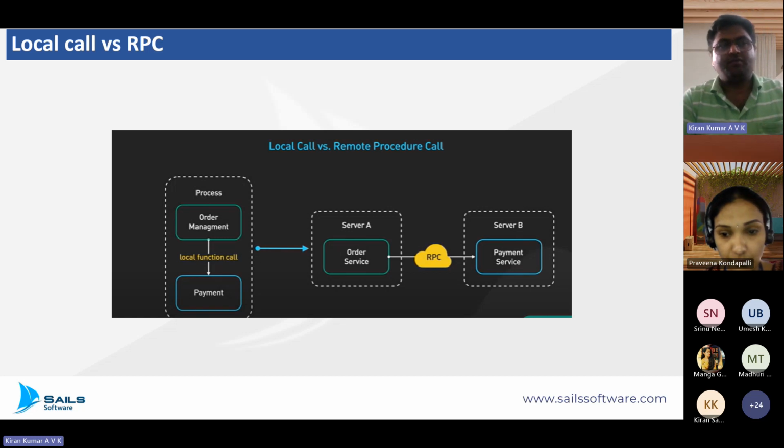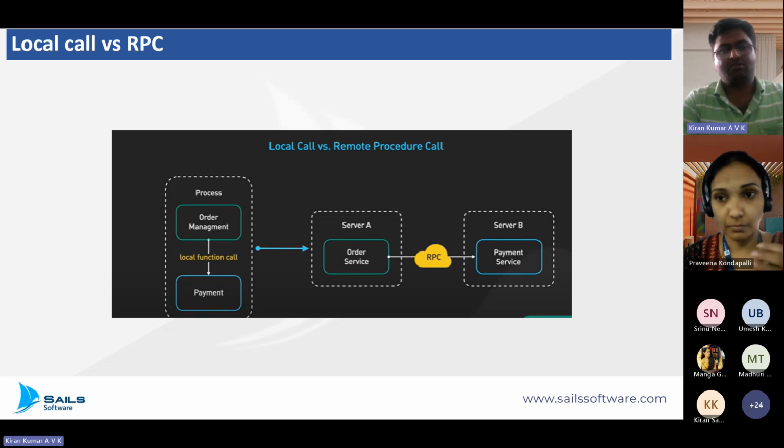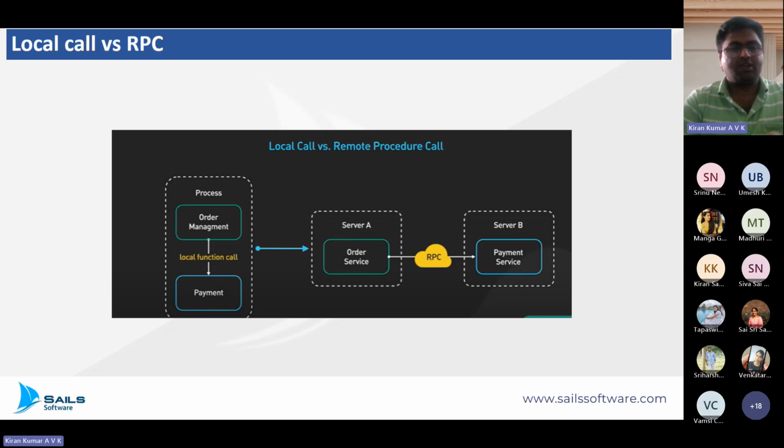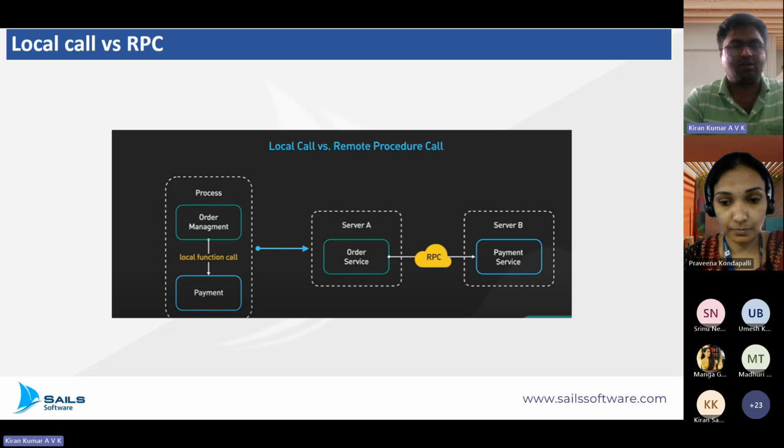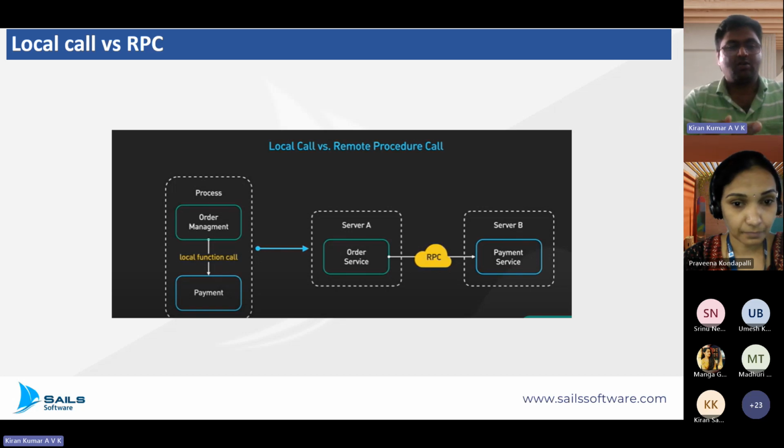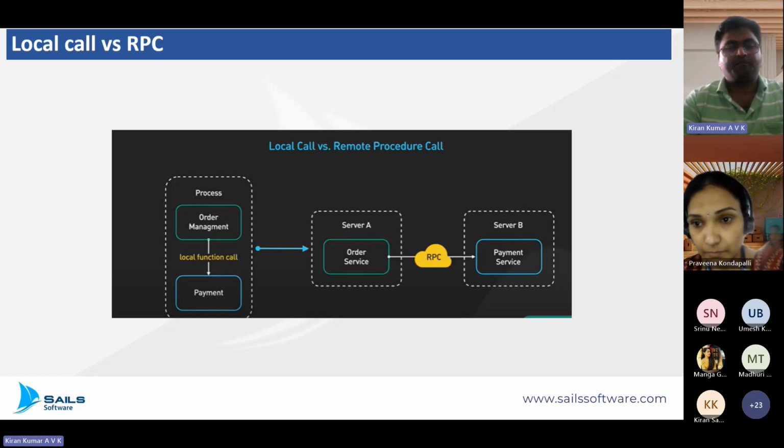If we go from the basics, we have a local call. If we have two services, for example order and payment services, in a single process, you can call a method in the payment service from the order service directly using a local function call, a local method call in Java terms.